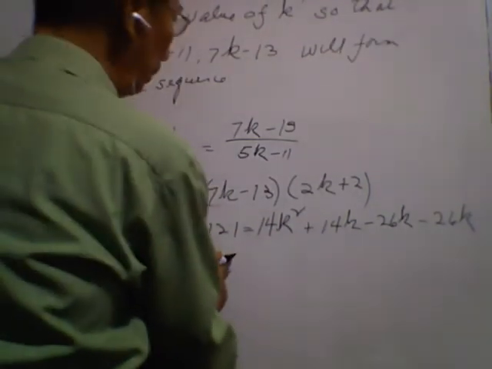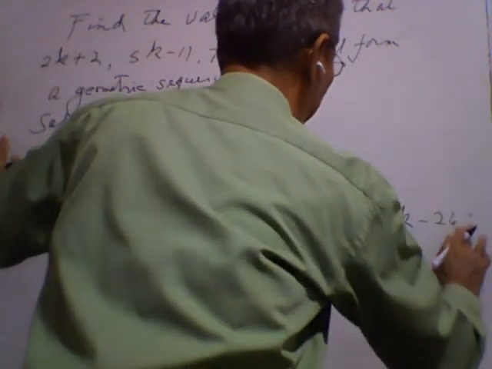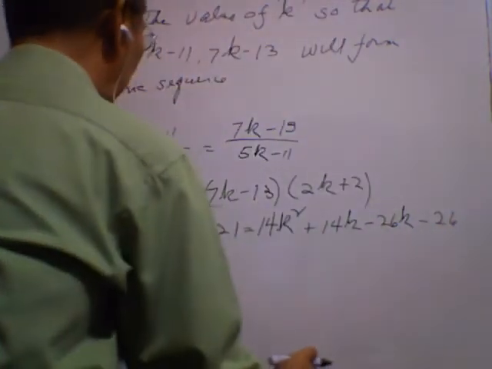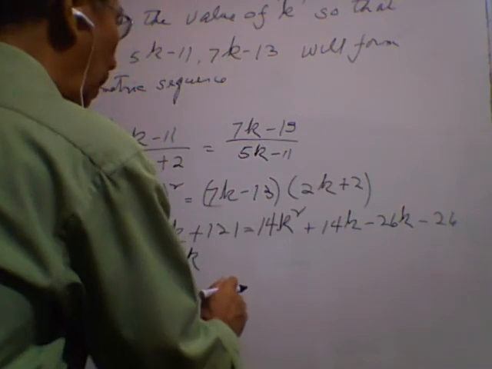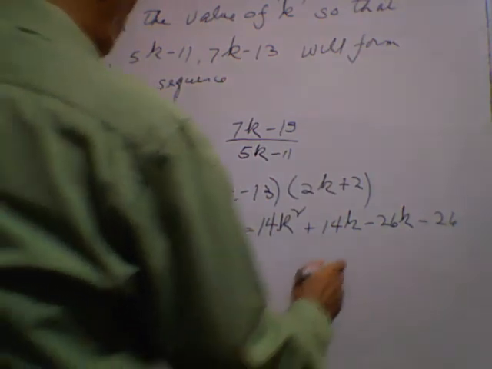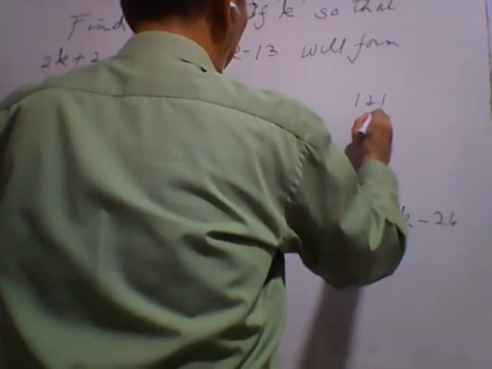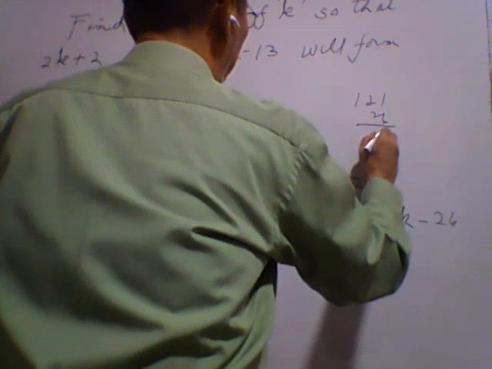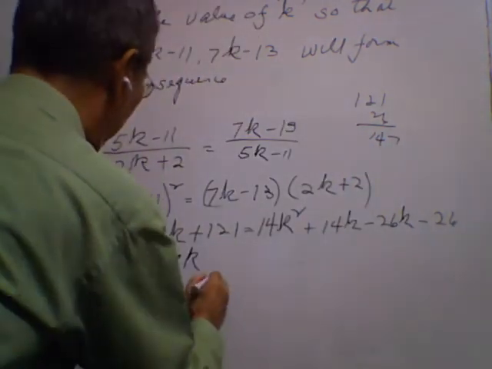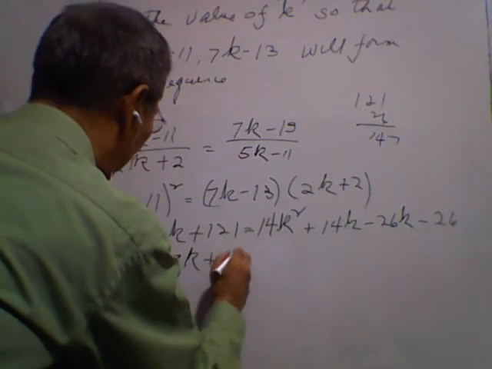The constant is 121 plus 26, that will be 147.